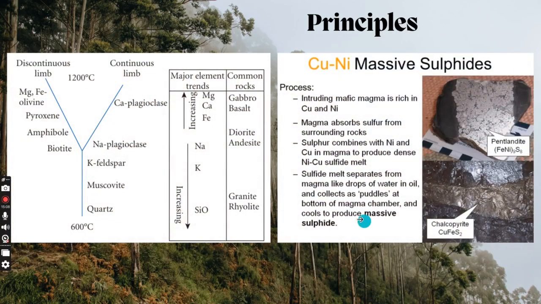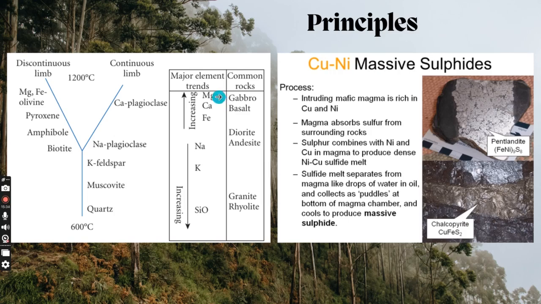So overall, if we see Bowen's reaction series, of course from this part to this part, both the parts, the initial phase around 1200 to 1000 degrees Celsius has magnesium- and iron-rich olivine, pyroxene, calcium-rich plagioclase. So this domain is the area where these kinds of magmatic nickel sulfides can form.